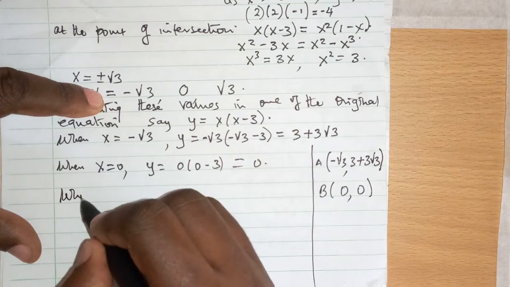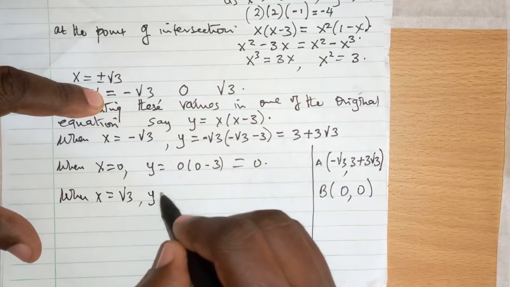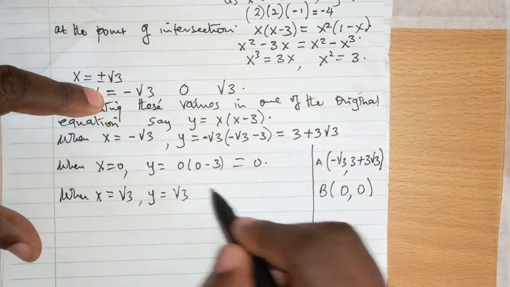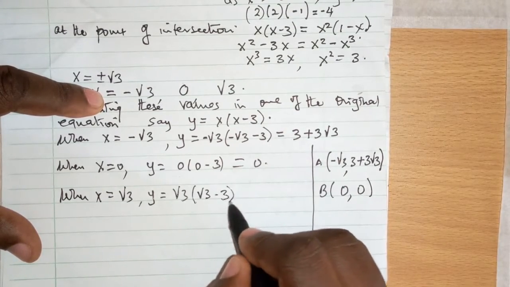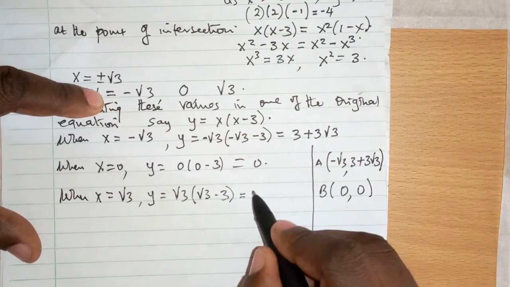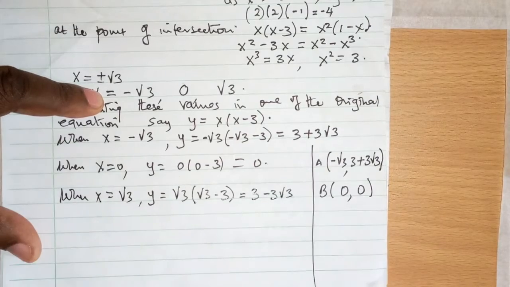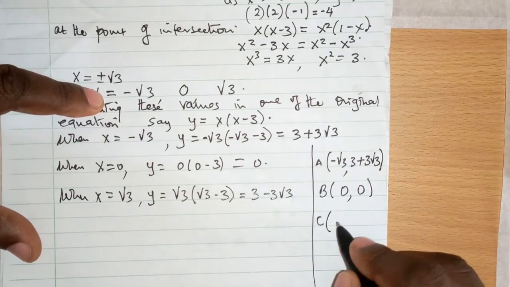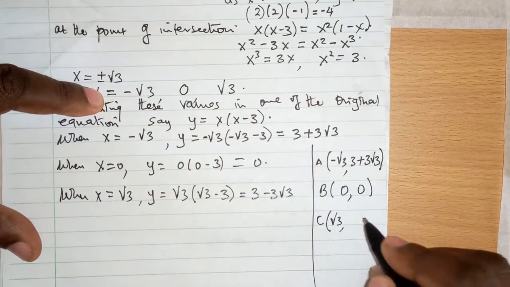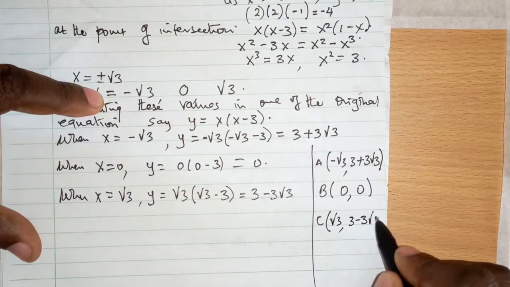So when x is equal to root 3, y becomes root 3, open bracket, root 3 minus 3, which gives us 3 minus 3 root 3 as the corresponding value of y. So point C has coordinates root 3, and the value of y is 3 minus 3 root 3.